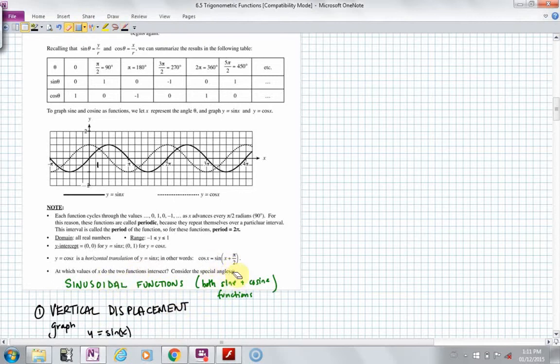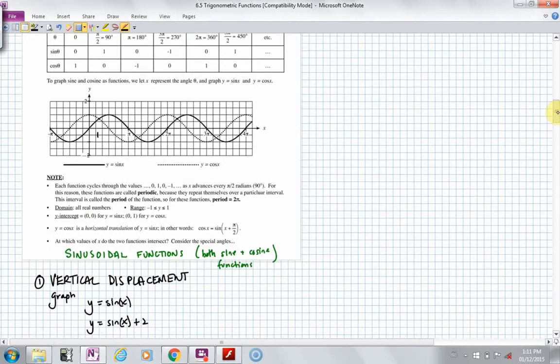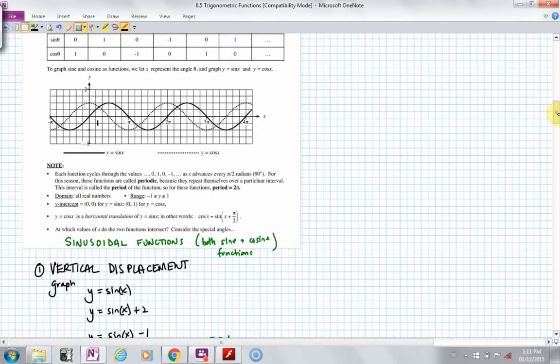Okay? But that is everything we've just discussed, basically, on one nice sheet. So before we get to the next page of the sheet, let's talk about vertical displacements of these graphs.